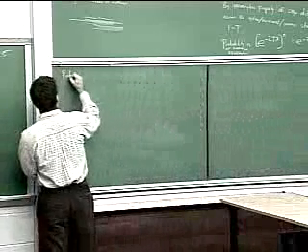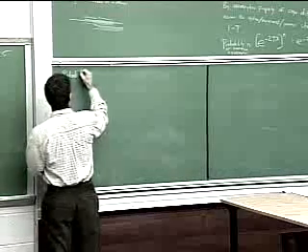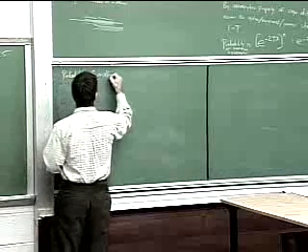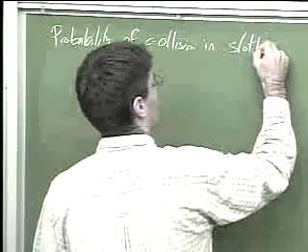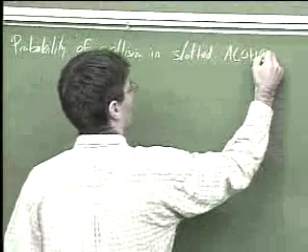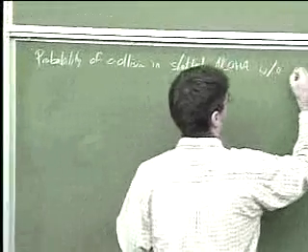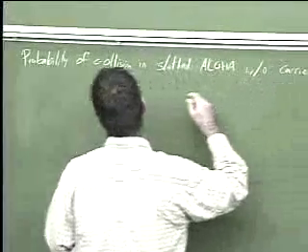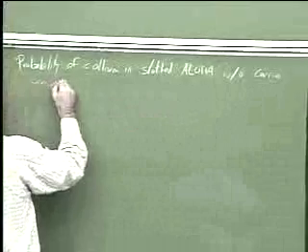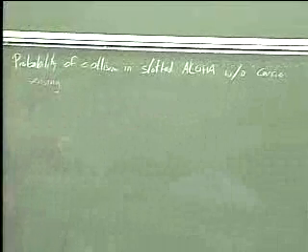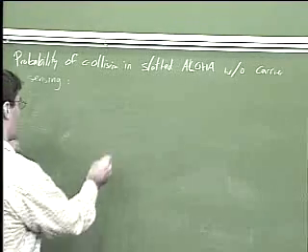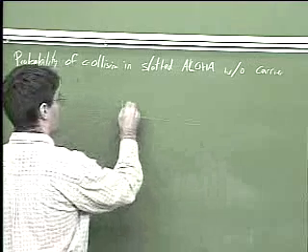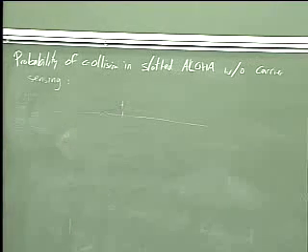So what's the probability of collision in slotted Aloha, without carrier sensing? Okay? Well, suppose my timer goes off at time t. So I'm going to send in the next interval, whenever that starts.